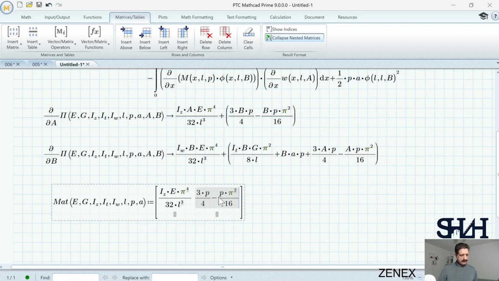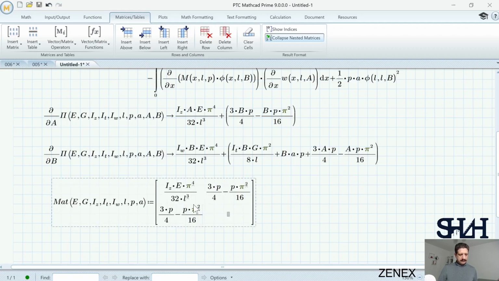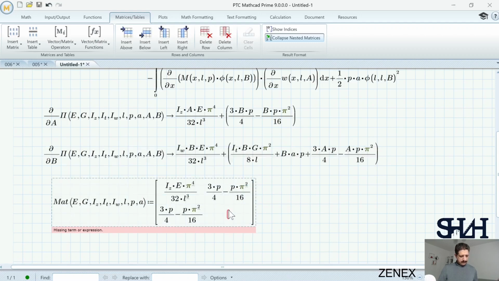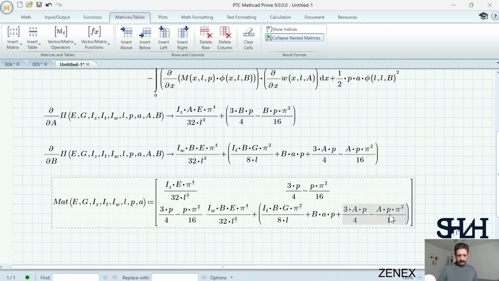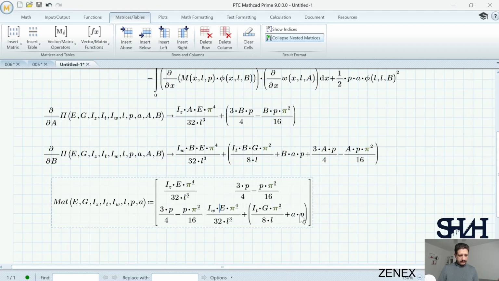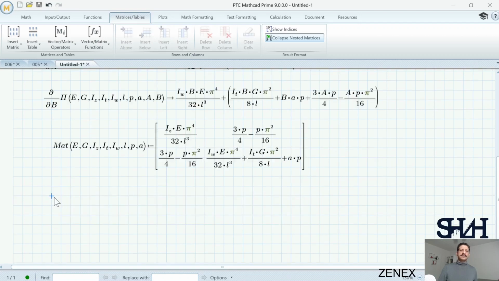So the same value is symmetric. And for b, we can just remove parameters for a, and this is coefficients for b. Now the determinant of matrix needs to be 0.